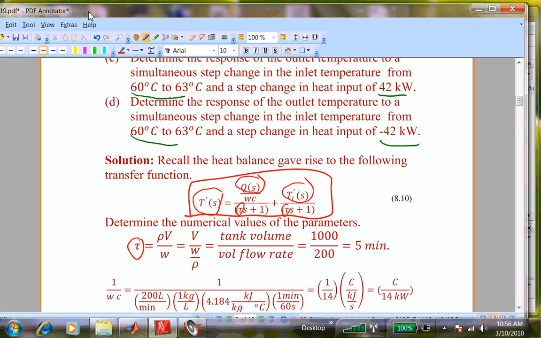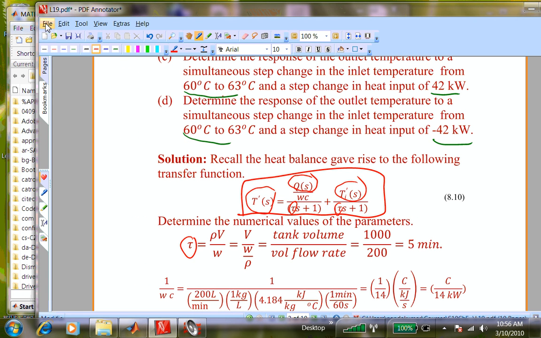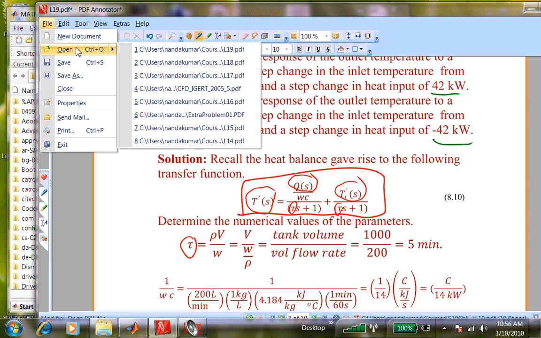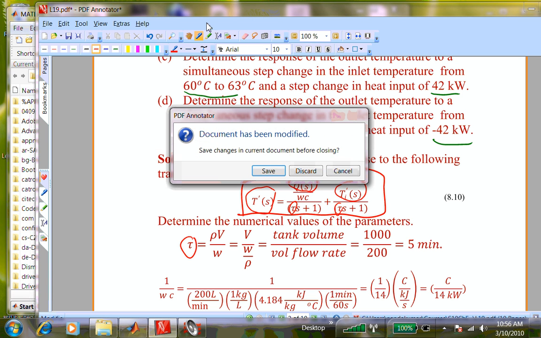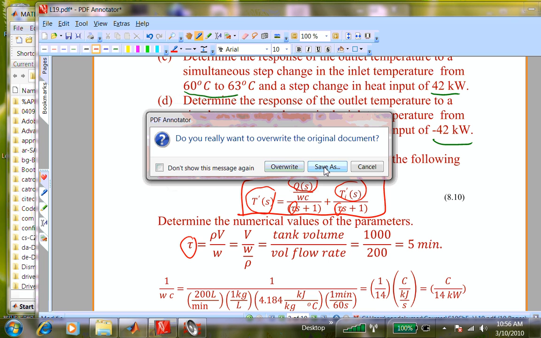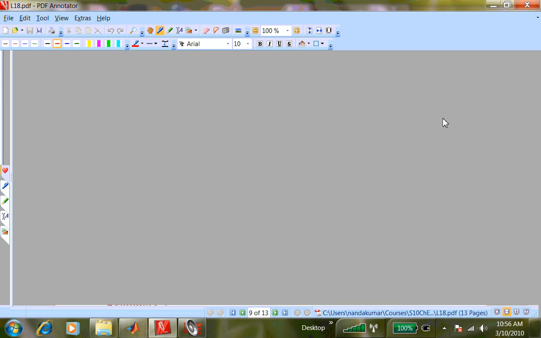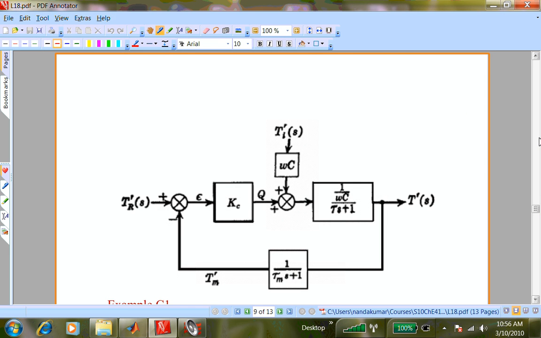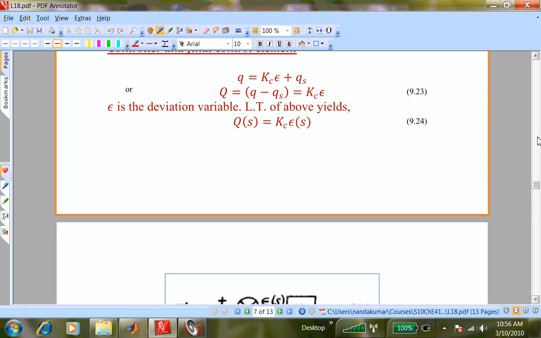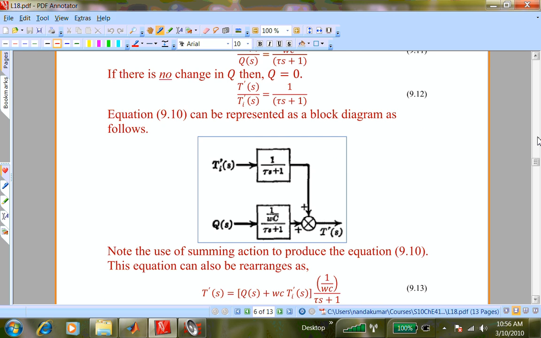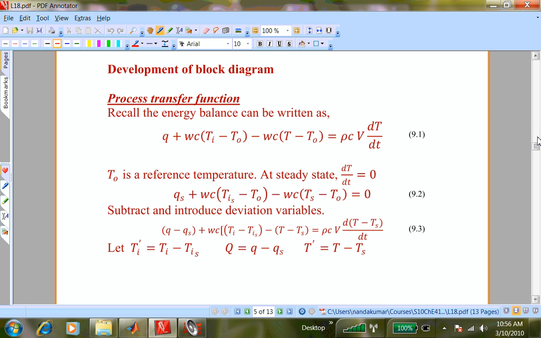So let me just pull that equation from the previous lecture. It is also the residence time. I just want to show you the differential equation that you would use to figure out what the time constant is.